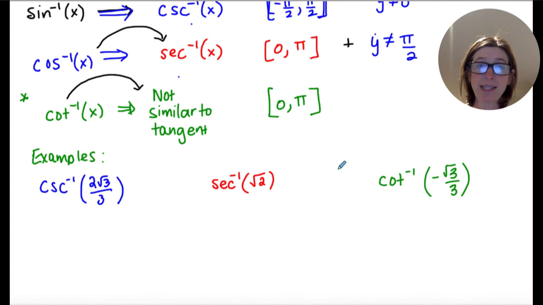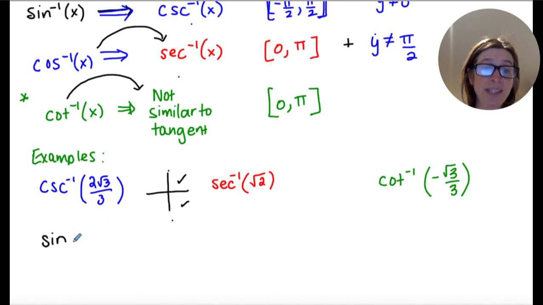All right, let's look at some examples of these. Now, the process is a little bit trickier. We're looking for inverse cosecant. I know I'm going to be looking for angles between negative pi over 2 and pi over 2, but to evaluate where that's going to happen, I'm actually going to use the sine function. So I really want inverse sine of 2 over root 3.